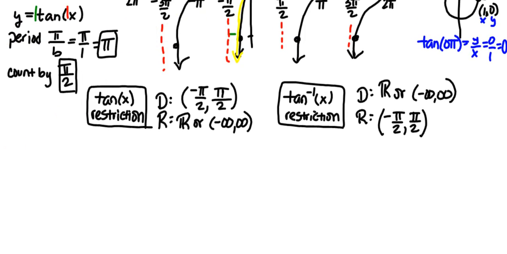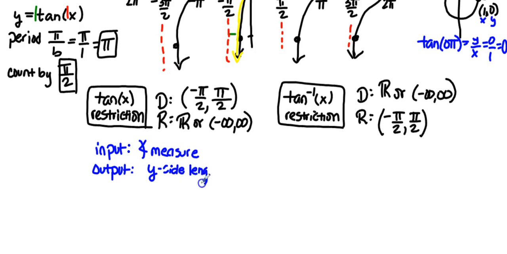If it helps to write what I'm about to write in blue, please feel free to write it again. Otherwise, as a reminder, up until this point, our input was an angle measure. And our output, in this case, recall that tangent is not one particular side length.